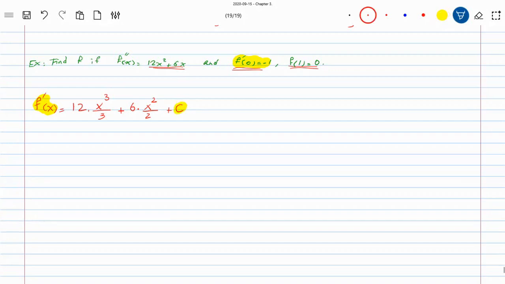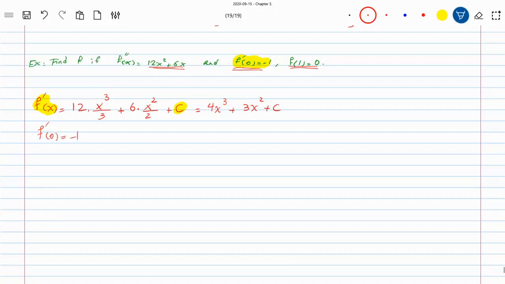So I'm going to use that information to figure out what is this constant. First, I'm going to simplify it. You can simplify 12 and 3, so this would be 4x cubed plus, you can simplify 6 and 2, 3x squared plus some constant c. And we use the fact that f prime at 0 equals -1.